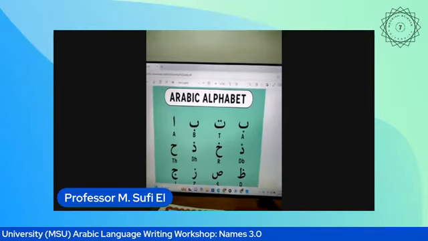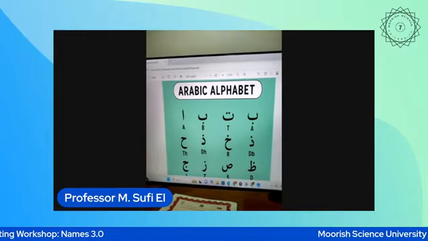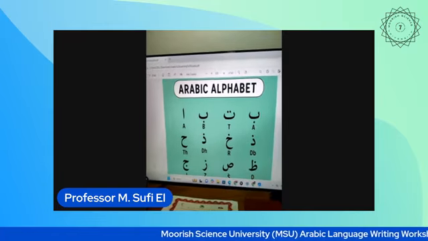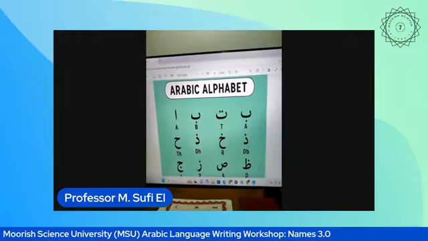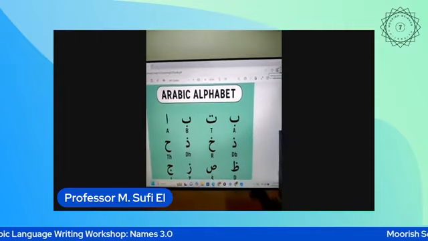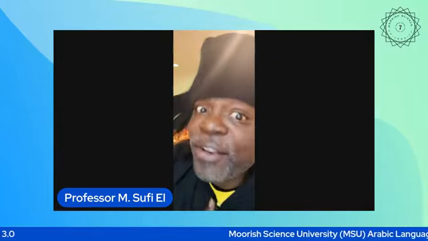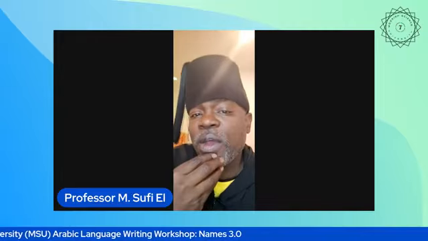Now, visually, let's take a look at how these letters are strikingly similar or dissimilar depending on their shape. As visual learners, some of us on the spectrum might have an advantage here because this is the way we learn.